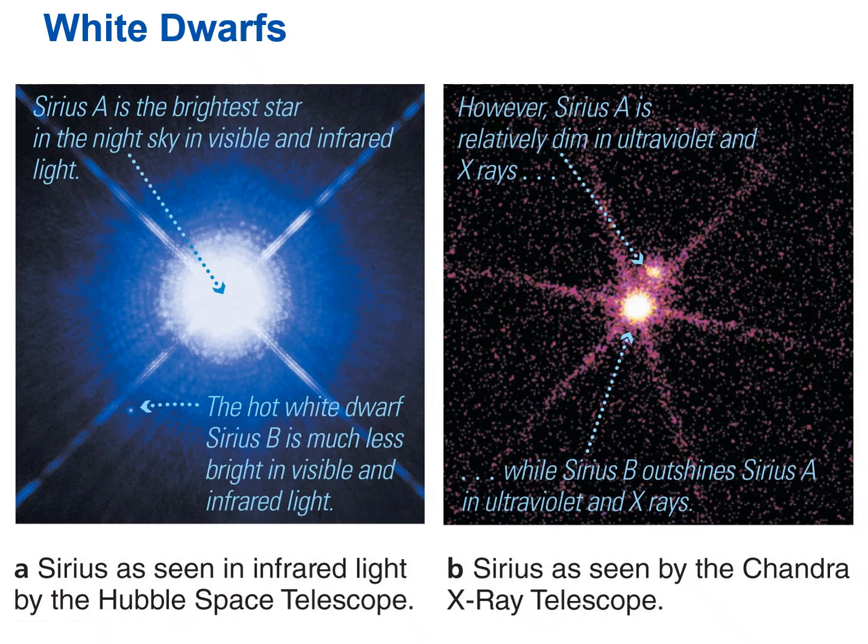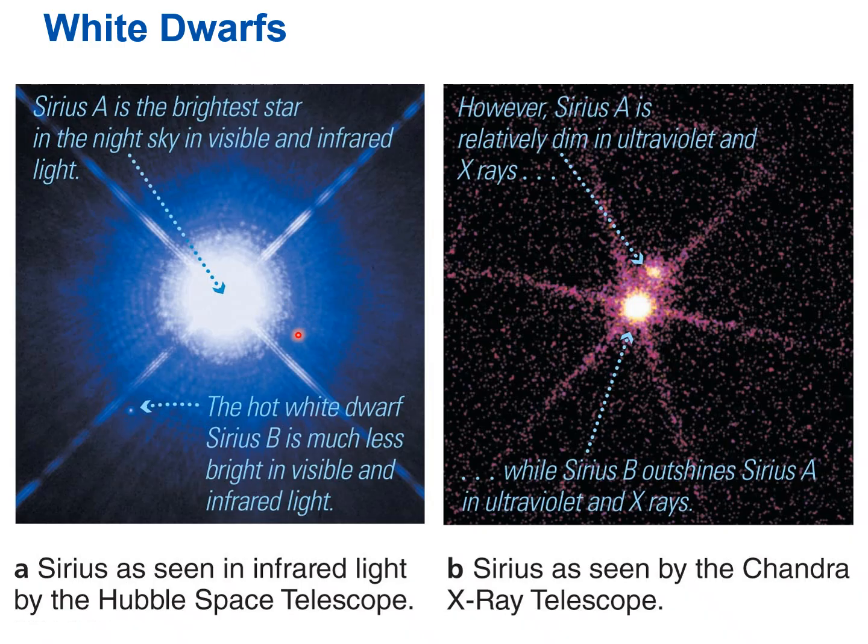And you'll notice there's the big one right here, that's Sirius A. It's the brightest star with visible and infrared. And then this tiny little dot down here to the left, that is Sirius B. It's a hot white dwarf. And because of its temperature, the wavelengths it gives off, it doesn't give off so much in infrared or visible, but it gives off a lot in higher frequencies. But you'll notice this difference here.